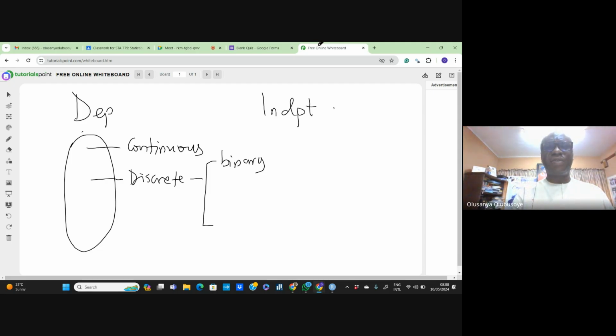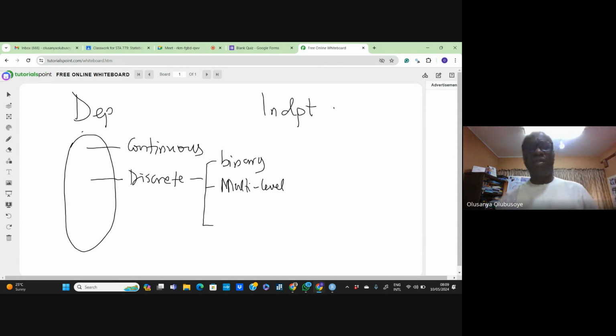You can have multi-level outcomes, so in other words, you could have 3 or more levels of outcomes.